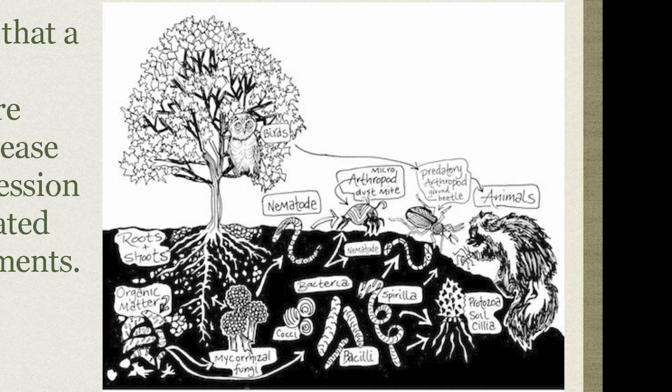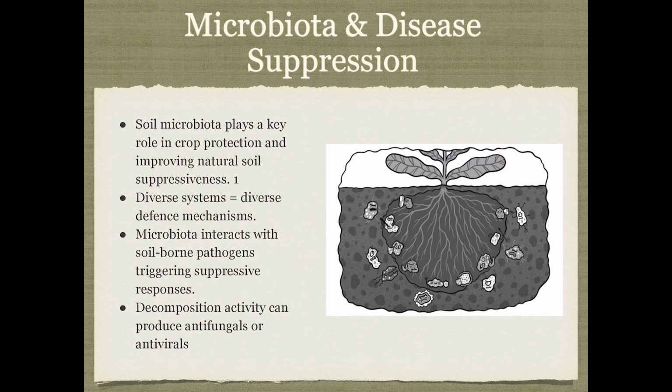So when you have a strong, diverse, healthy soil food web, you're going to have all of these different players able to contribute to fighting off any disease or pathogen that comes, right? So this is your team that's helping you keep your plants healthy and your soil healthy. With that said, the soil microorganisms play a key role in crop protection and improving soil suppressiveness. You know, diverse systems mean diverse defense mechanisms.